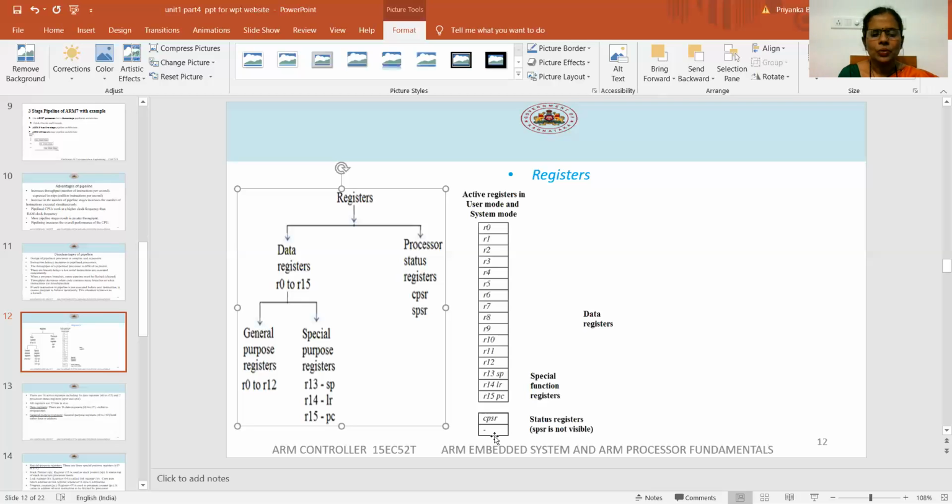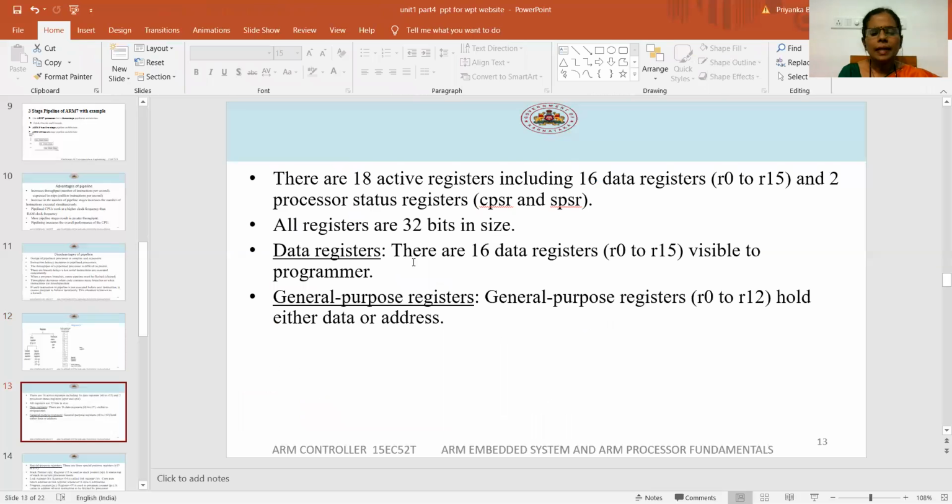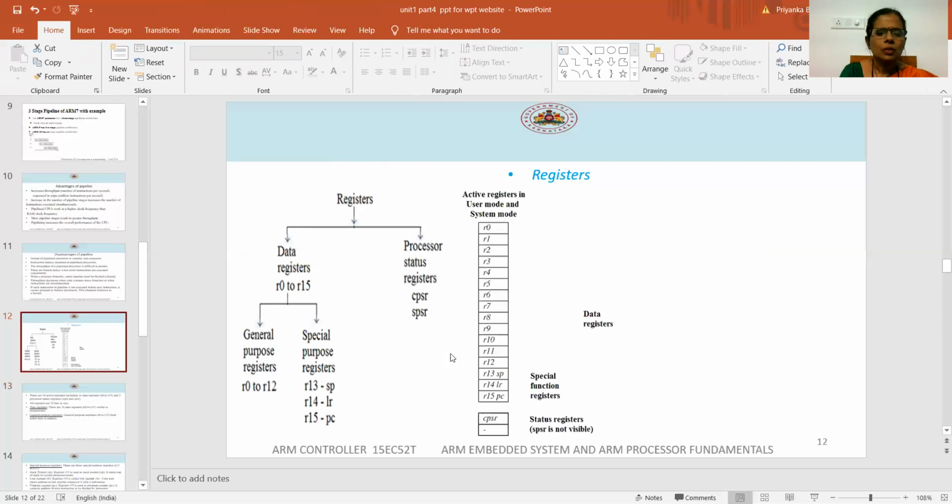So in total, there are 18 active registers. You can count the registers here. R0 to R15, how many registers? Total 16. And CPSR 17, SPSR 18.